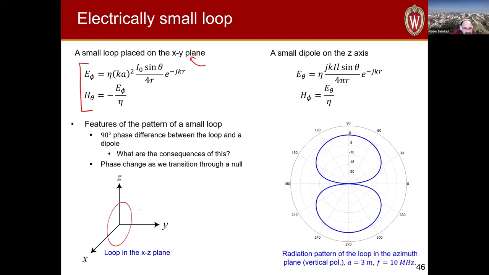However, if you actually take this loop antenna, and rather than putting it in the XY plane, let's say, for example, the XY plane represents the surface of the Earth, and then the Z-axis is perpendicular to the surface of the Earth. So now I have my loop antenna perpendicular to the Earth. I can take advantage of the donut shape of the radiation pattern of this antenna.